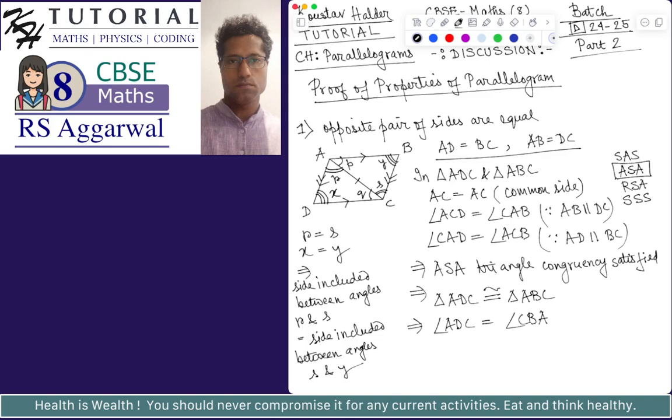Now R and x are angles of the triangle ADC and S and y are angles of the other triangle ABC.